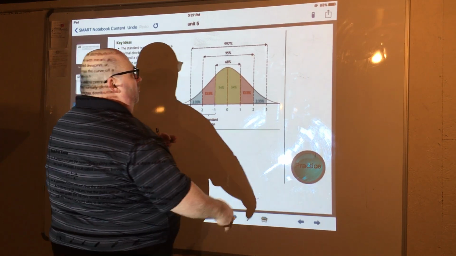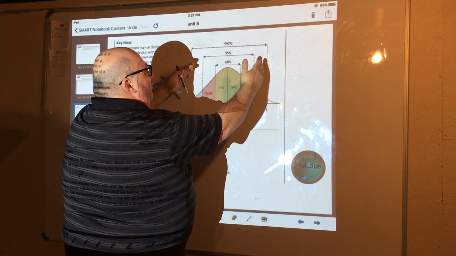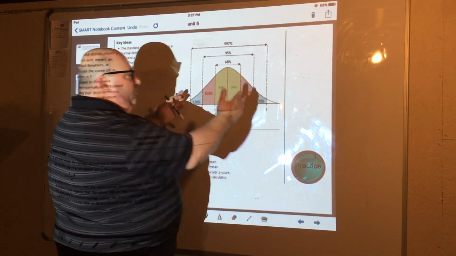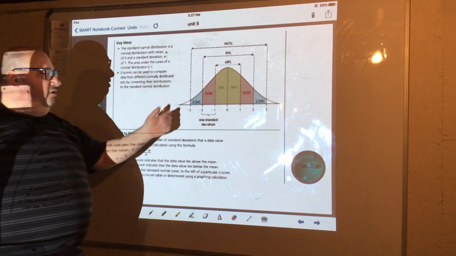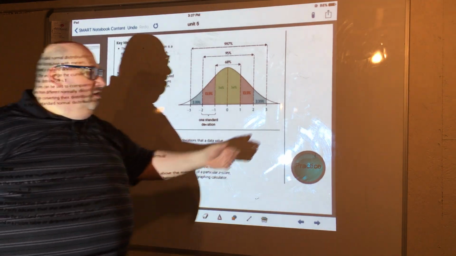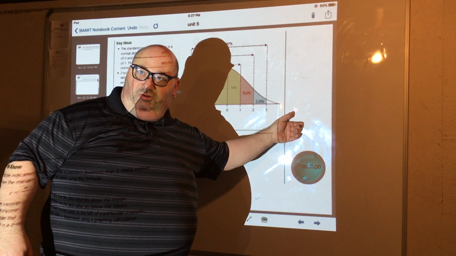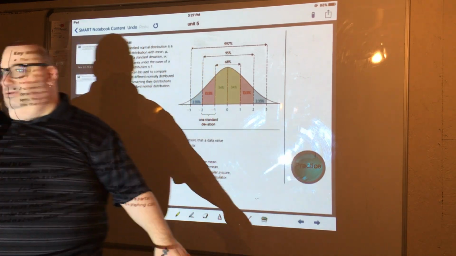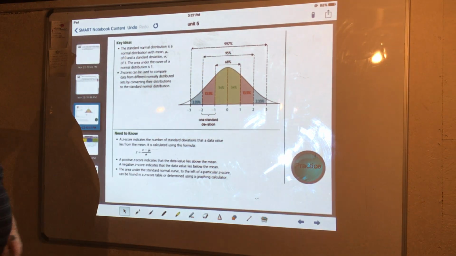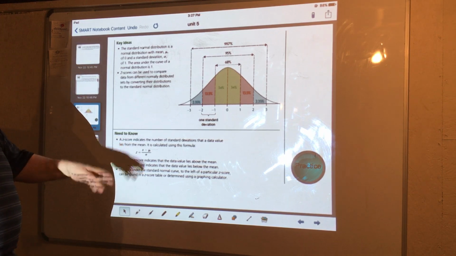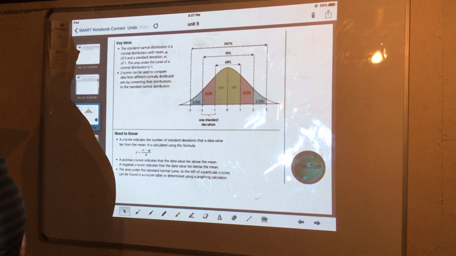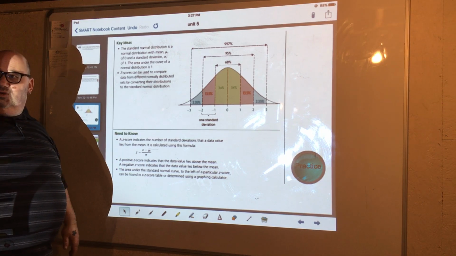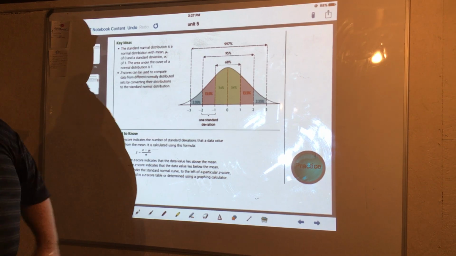Notice that 99.7% of the people will be within 3 deviations, plus or minus. Very few people are going to be at the extremes. Our z-score will allow us to find intermediaries in the middle. Make sense?